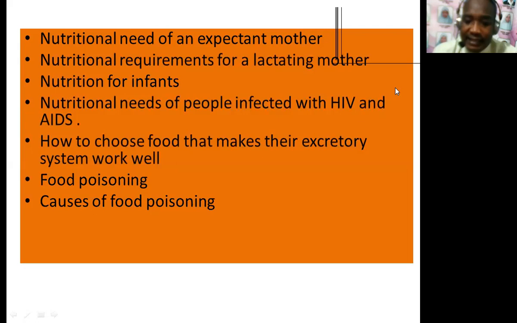Microorganisms that may cause food poisoning are bacteria and fungi. Microorganisms are usually small, tiny, living things. This occurs when the food is not properly stored. I want you to note the following.